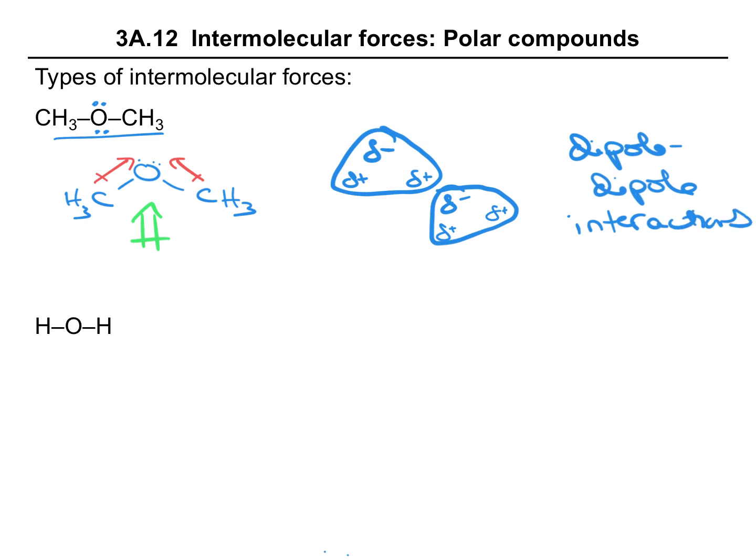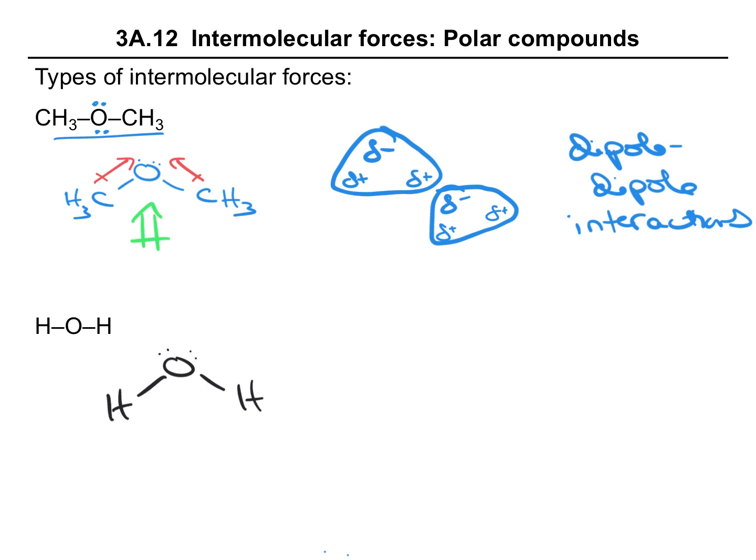So what we discussed already in terms of bond dipoles and molecular shape to determine a molecular dipole, this becomes important in trying to determine whether a certain molecule can have dipole-dipole interactions. Next, if we take a look at water, again, this is bent with respect to the atoms because oxygen is tetrahedral with respect to all electron groups.